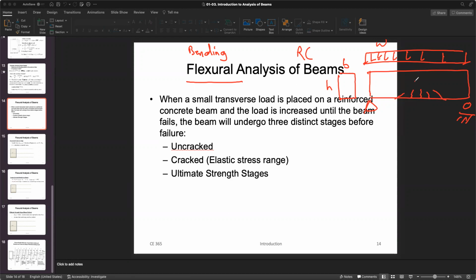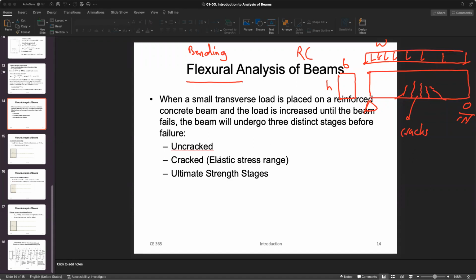We're going to have cracks, and these cracks propagate until the beam would fail. So we want to see where would be that ultimate failure, like what phases we are passing through to reach the total failure of the RC beam.